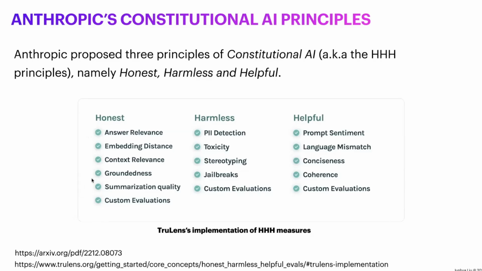So measuring all these is not necessarily done by an algorithm, but can be done by calling another large language model and letting it judge if the query or the response falls under this measure or meets a certain threshold of the metric. So if you're interested, you can take a look at this paper. This link leads you to the original constitutional AI paper released by Anthropic. And this link leads you to the documentation page of this implementation for TruLens.